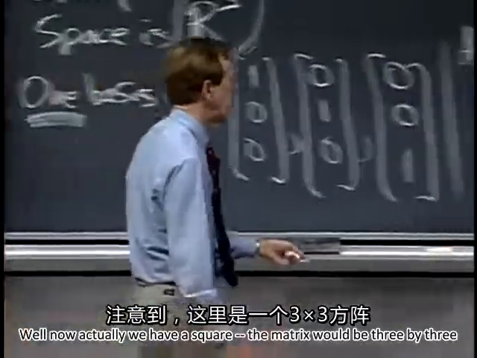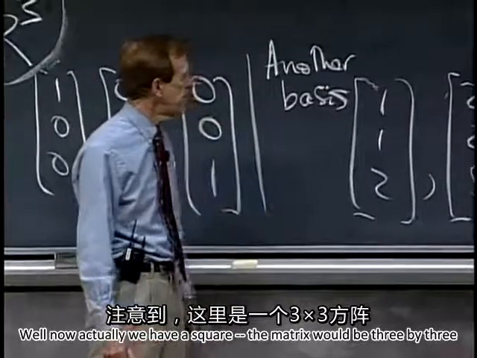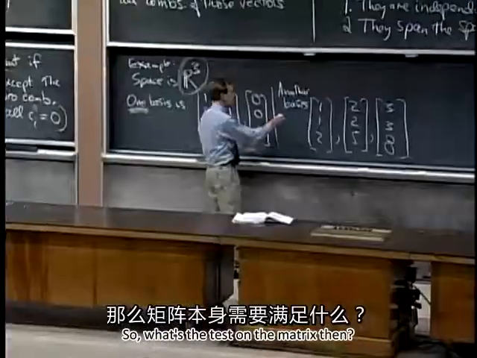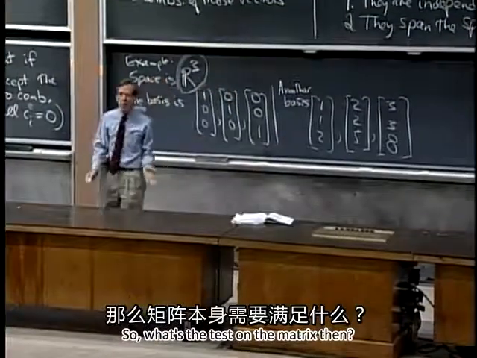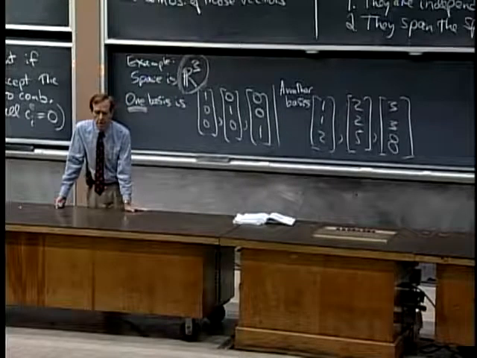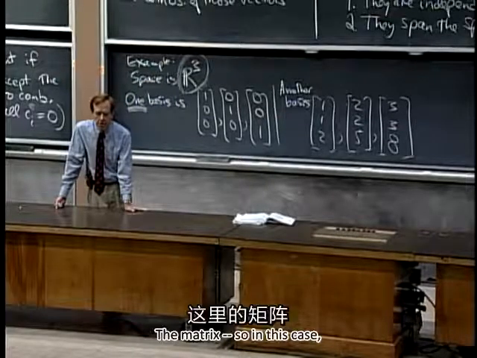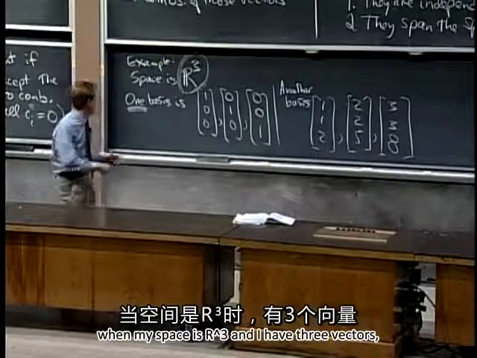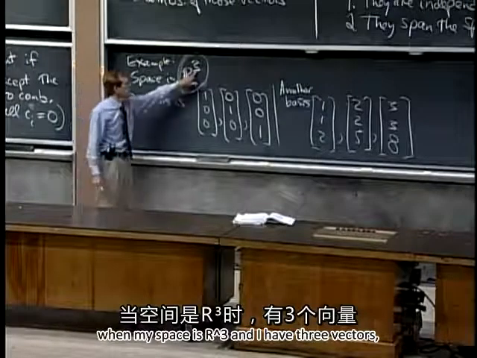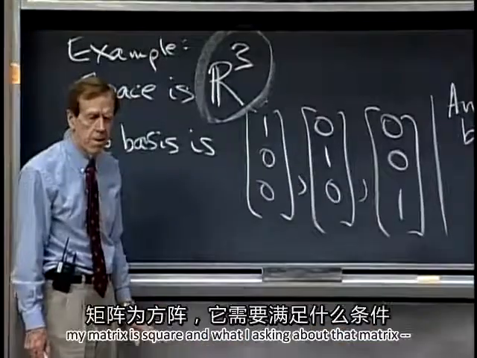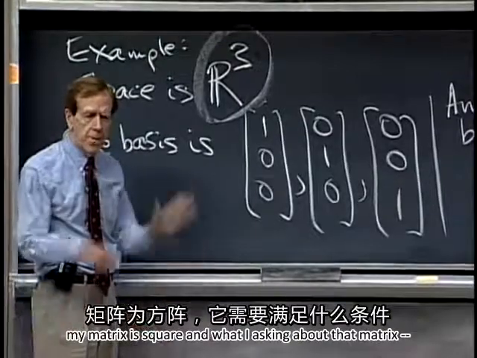Now actually we have a square matrix. The matrix would be 3 by 3. So what's the test on the matrix? When my space is R3 and I have 3 vectors, my matrix is square.